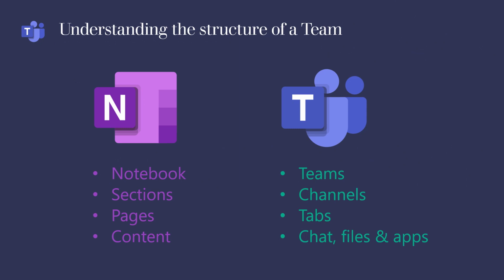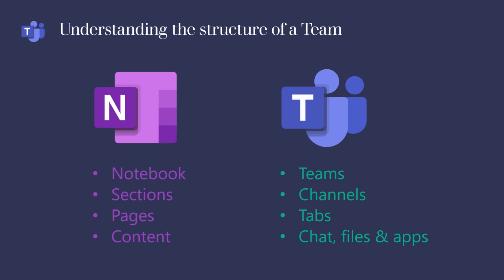Now, when we're thinking about how to structure a team, it is similar to structuring a OneNote notebook. This is where it becomes obvious that these are actually two separate products which were originally designed to do two different things. So OneNote is designed to be a folder for individuals that has lots of collaboration opportunities.